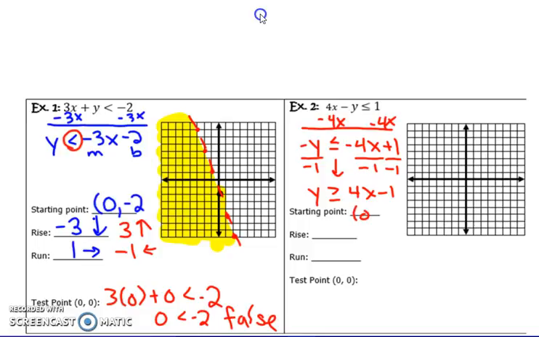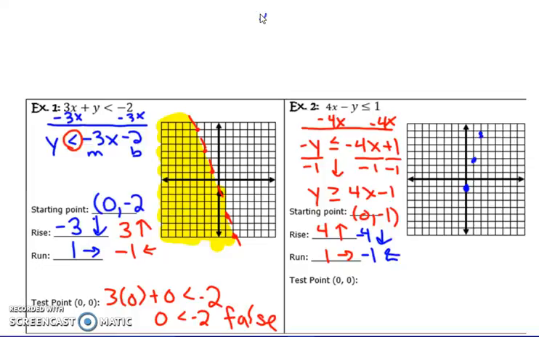That makes my starting point (0, negative 1). My rise is 4 over 1, so I'm going to go up 4 to the right 1. Or my second option is I'm going to go down 4 and to the left 1, because a negative divided by a negative is a positive. So if I plot (0, negative 1), I'm going to go up 4 to the right 1, up 4 to the right 1.